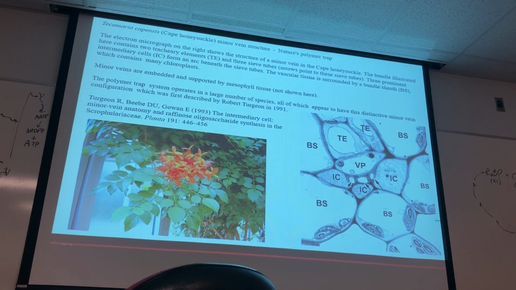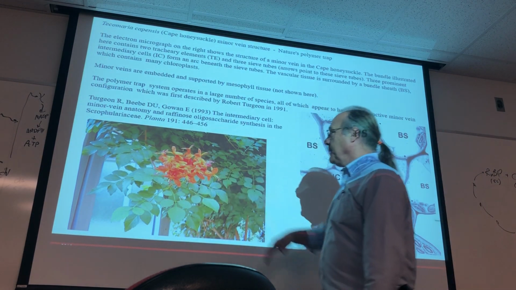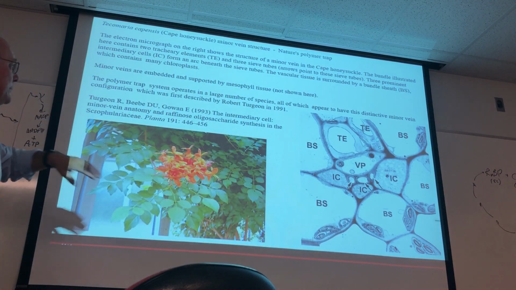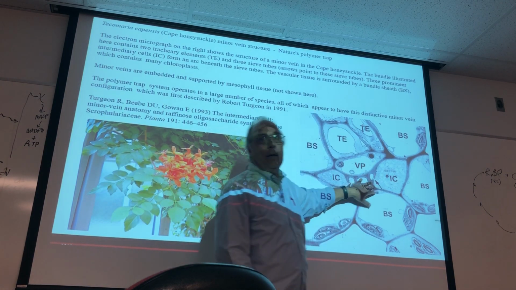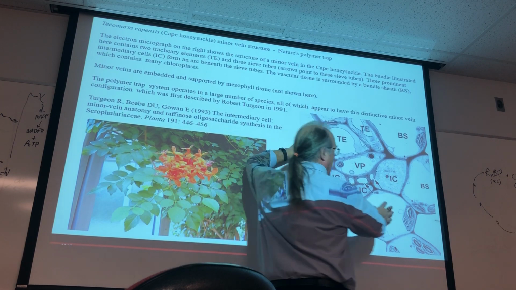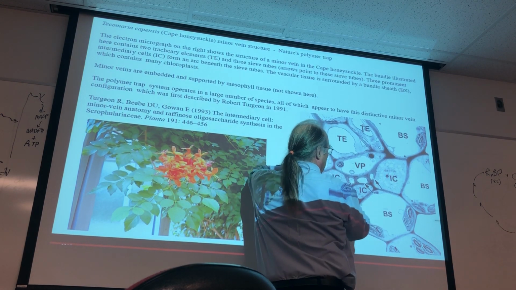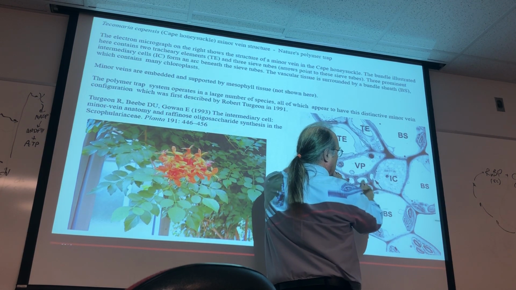Okay, so here's another plant that uses this polymer trapping model. I don't know this one, Technical Maria capensis. But they also have some interesting anatomy that goes along with these. So here's a bundle sheath cell. These are bundle sheath cells with their chloroplasts, intermediary cells, and here are the sieve elements.